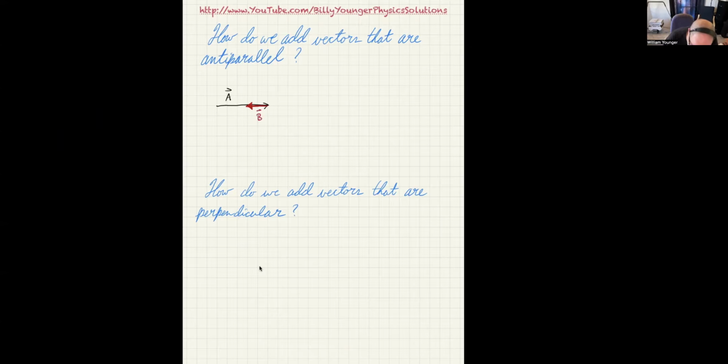Now, if you imagine walking a distance of 5, let's say 5 feet, but then you walked back a distance of 2 feet, then it'd be obvious that the distance you have left is 3 feet.